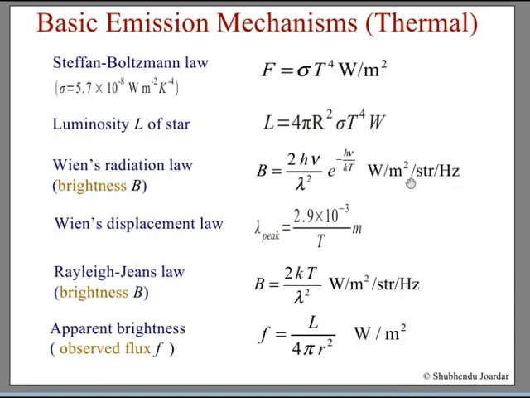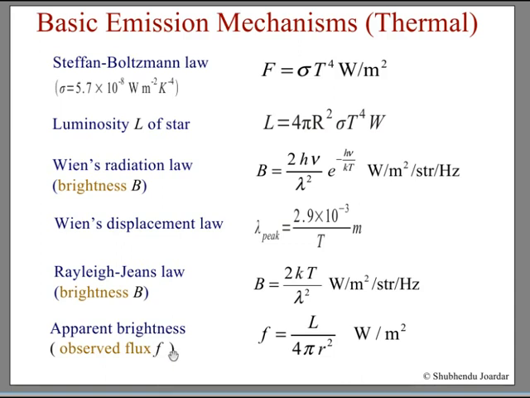Nu is frequency in hertz. So this comes to be watts per meter square per steradian per hertz. Similarly, Rayleigh-Jeans law, you have B is equal to 2 kT divided by lambda square, watts per meter square per steradian per hertz.